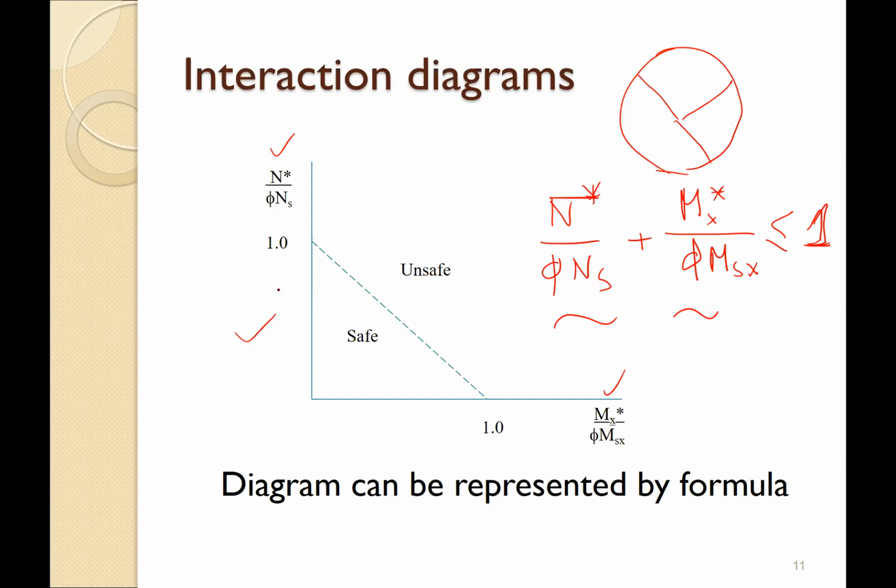This is represented by this plot. You see, this is the limit 1.0, and within this zone is safe. That means if the summation is less than 1, it is always safe. But when the summation exceeds 1, this is the unsafe region, which means it is going to fail. So this is called the interaction diagram. There are two ways of checking it: you can use the plot, or you can use this expression.